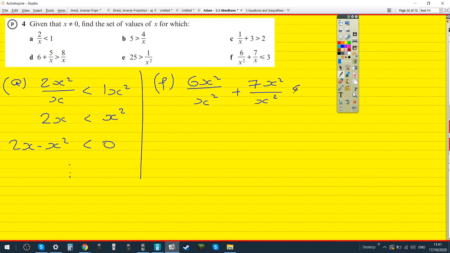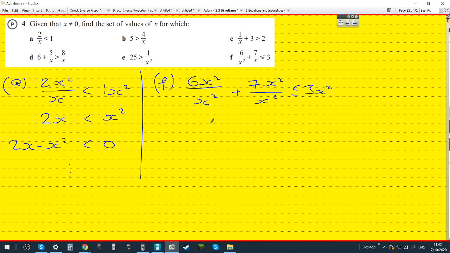Yeah. What do you do next? Would you have to make 6 and the other x both be squared as well? Oh no, you could simplify it now, couldn't you? The second fraction. Yeah, simplify everything.